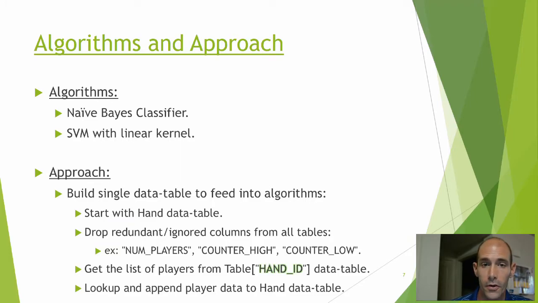So the overall approach is to build a single data table to feed into the algorithms. What we're going to do is start with the hand data table, and then look into the table data table and get a list of the players. From there, we're going to do lookups into the player data tables and append that onto the hand data table. So now one entry in the hand data table has all of the information that we need to process.